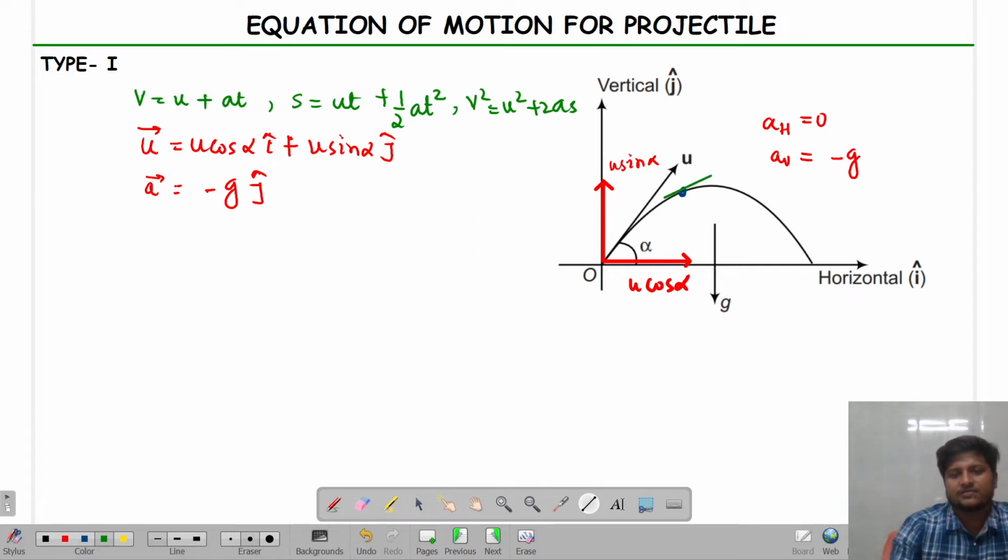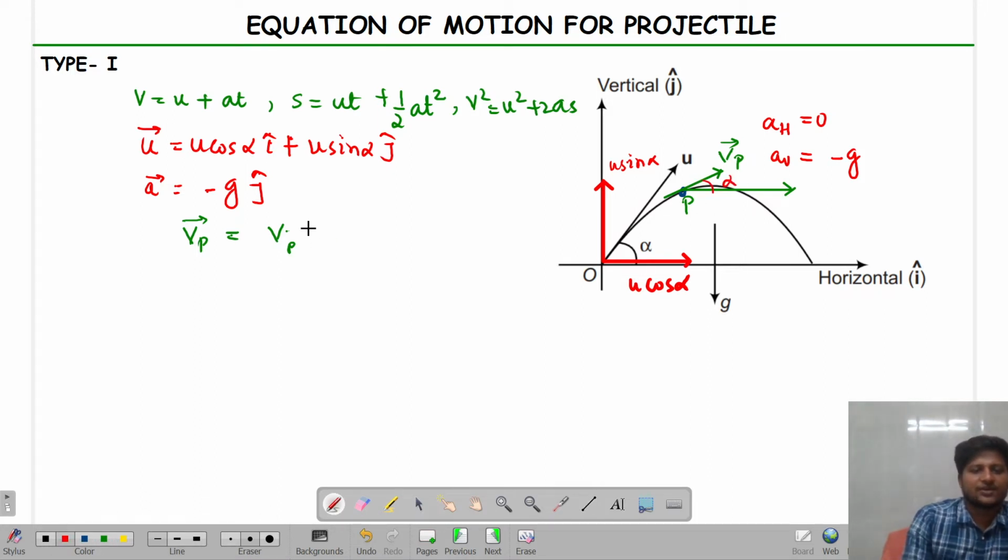Now let's suppose this projectile comes over here, and I want to know the final velocity vector at point P. Means I want to write the velocity vector at point P. Let's suppose this particular velocity vector is making some angle alpha with the horizontal.